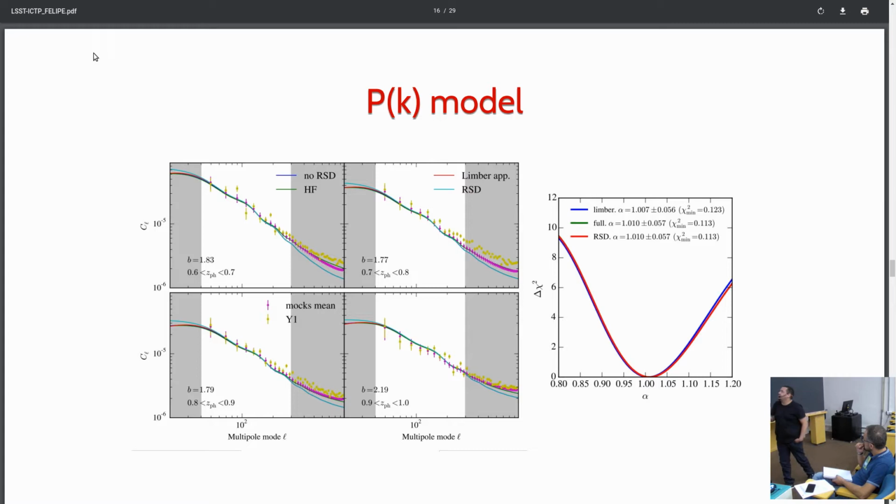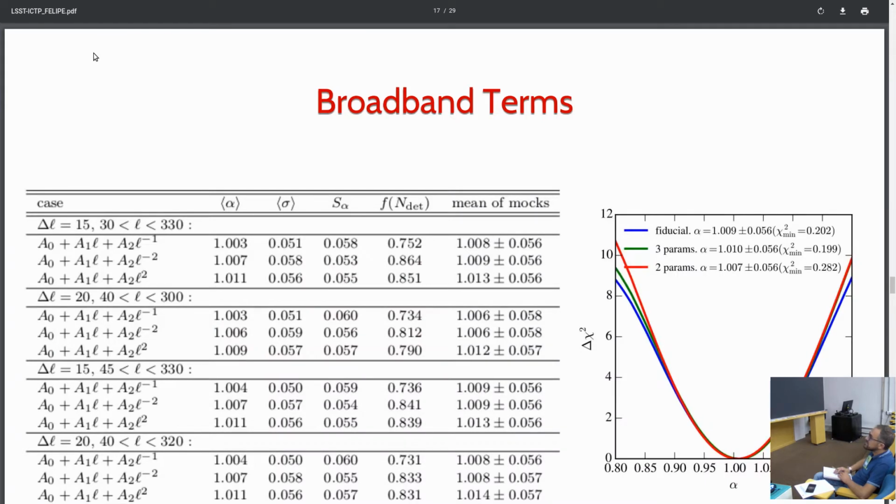In other scenarios, our constraints seem very much the same. Another test was the broadband terms. The broadband terms are those A terms here, and they can take into account not only the shot noise, which is very important in our case, but also some nonlinear residual terms.